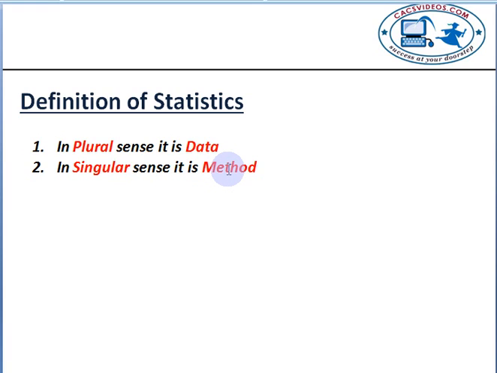There are so many data collection methods, data analysis methods, and data presentation methods. But out of all these methods, we always use one method. So method is also one, and singular means one. So in singular sense, it is method. So what is the definition of statistics as per your study material? In plural sense, it is data, and in singular sense, it is method.